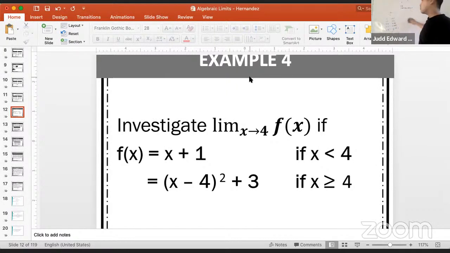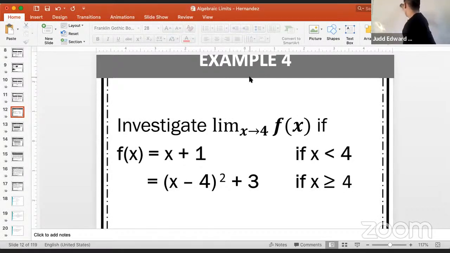What happens now? Anong tawag natin ulit dyan, guys? Anong tawag natin if you are given sub-equations with different conditions? What do we call that? Ano pong tawag natin doon? Piecewise function. We are given a piecewise function.